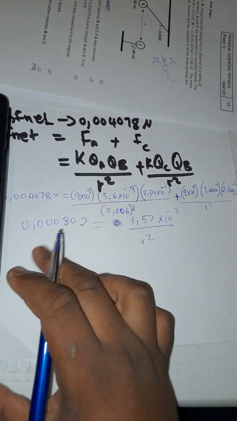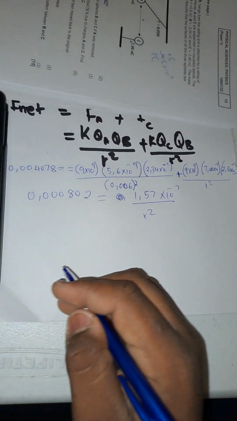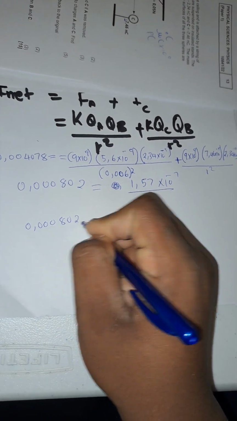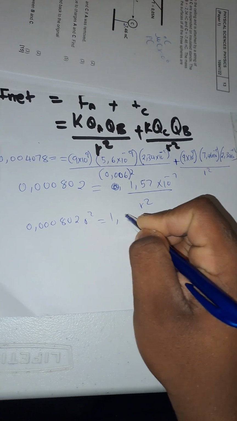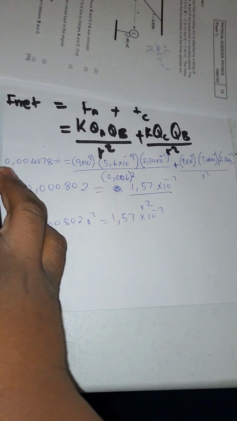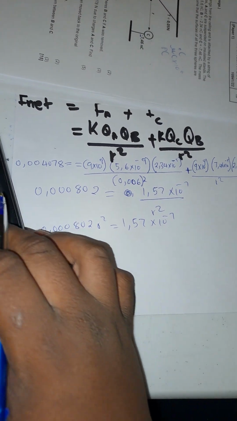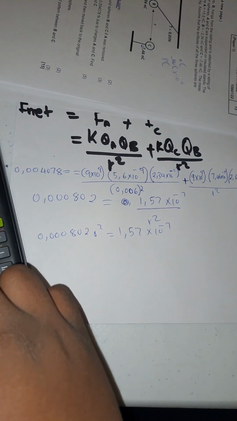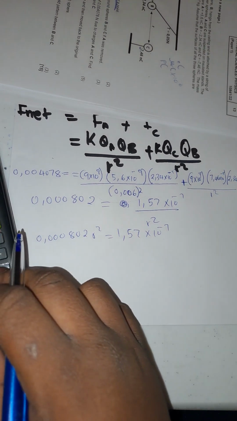So now I'm allowed to cross multiply, right? So let's try. 0,000802 R squared is equal to 1,57 times 10 to the power of negative 7, and then divide 1,57 times 10 to the power of negative 7 by 0,000802.